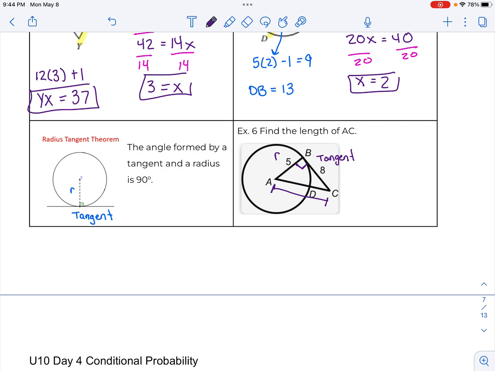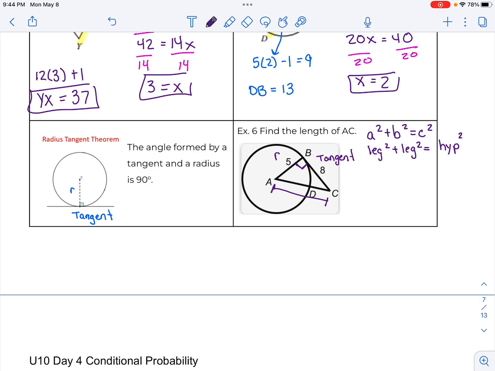Previously this year, we learned how to find the diagonal in a right triangle. We used the Pythagorean theorem. A squared plus b squared equals c squared. And don't get hung up on the letters. Remember, that just means the leg squared plus the leg squared equals the hypotenuse squared.